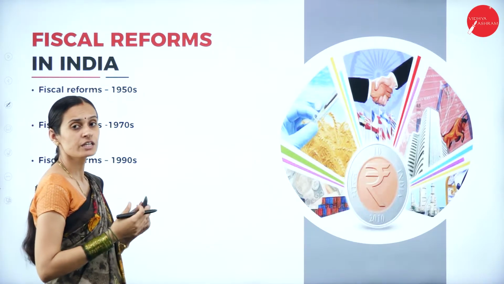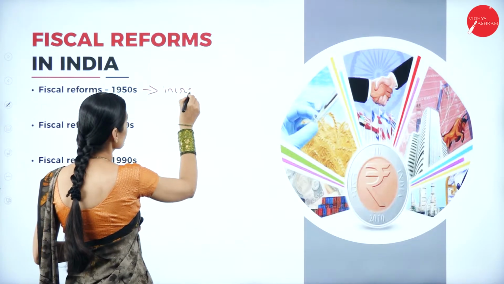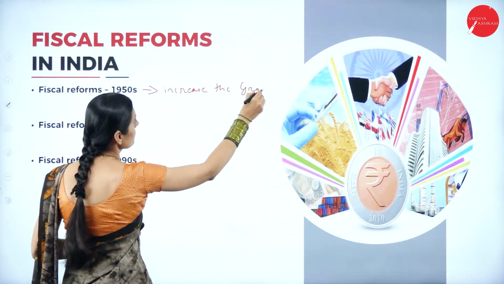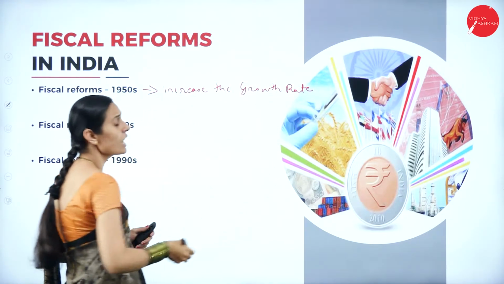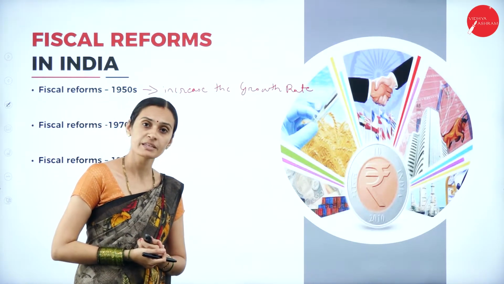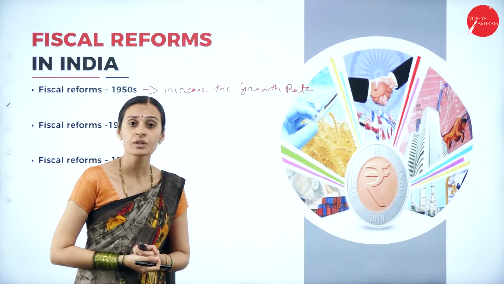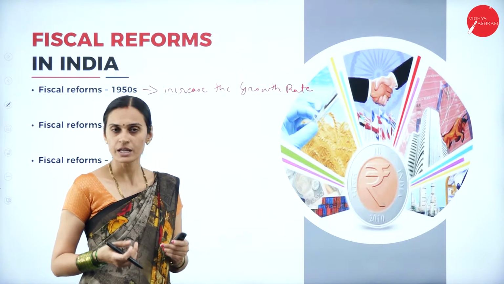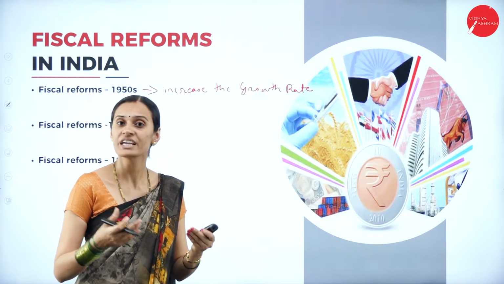Yes, the first reforms aimed at increasing the growth rate of the economy by increasing public investments and public expenditures. And it also tried to improve the economic system by promoting employment opportunities, and to reduce inequality by progressive taxation on income and wealth.